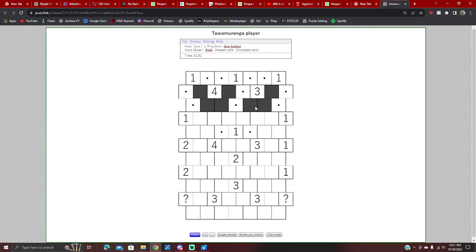Therefore, I can't say anything about that yet, but these 2 cells can't be shaded because they would have no escape out the bottom. Therefore, this cell can only escape down into the right here. Same thing with this cell, can only escape down to the left.